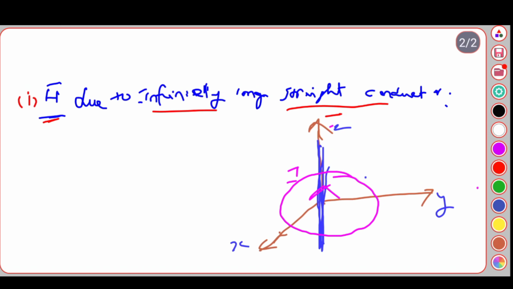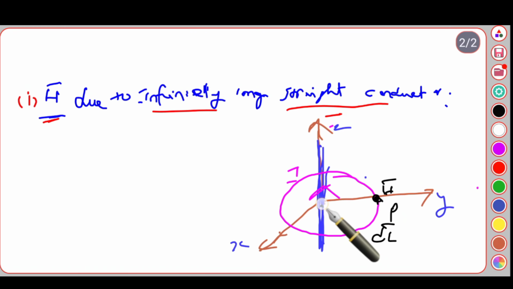Now consider a point P on the closed path, at which H bar is to be obtained. Here we have to calculate H bar, so we assume a point P and dl also.